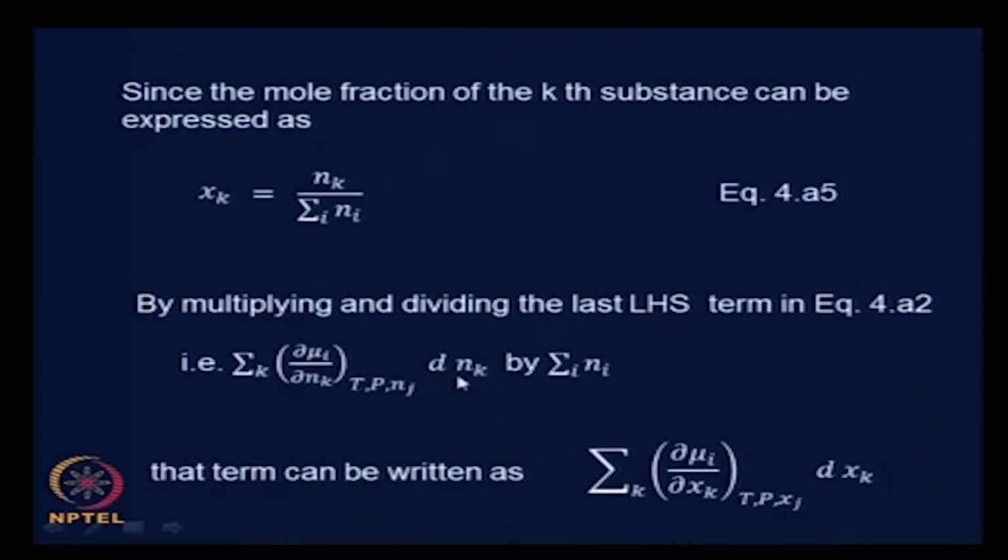We are going to multiply and divide this by sum over ni. Therefore, this would become d nk by sum over ni.